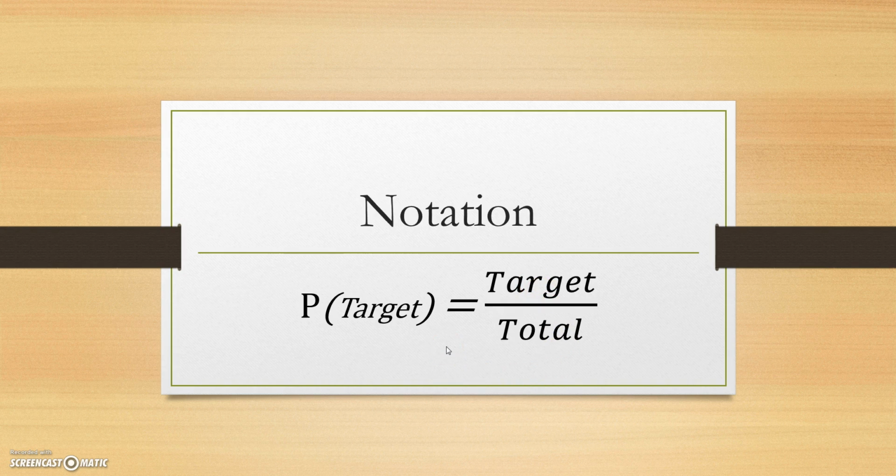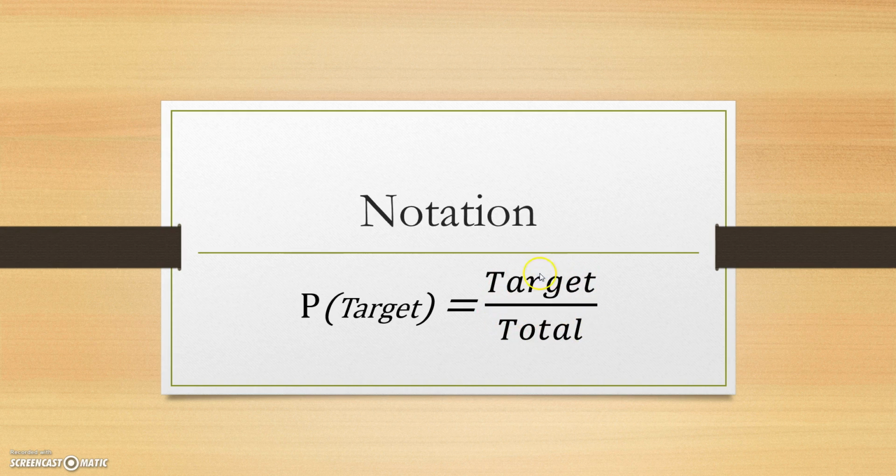If they gave you a word problem with colored marbles, like our last example, then they might have a color in parentheses here. So it might be the probability of not yellow, right? So you have to find the probability that the marble you drew out of a bag is not yellow.